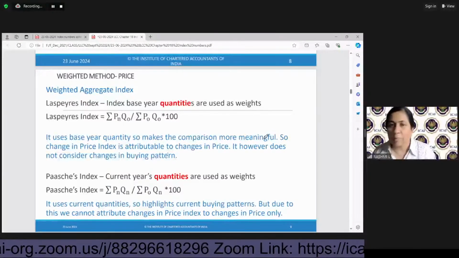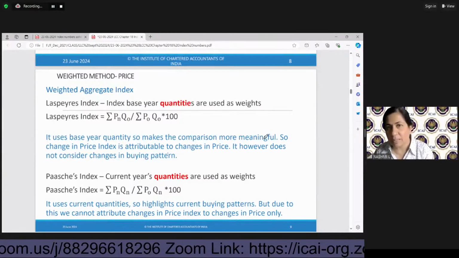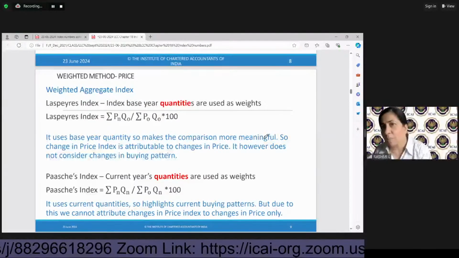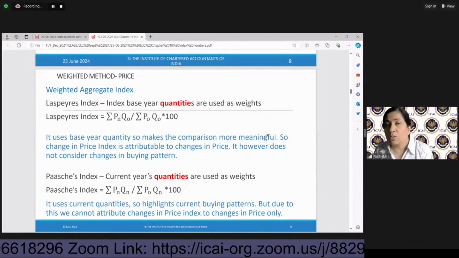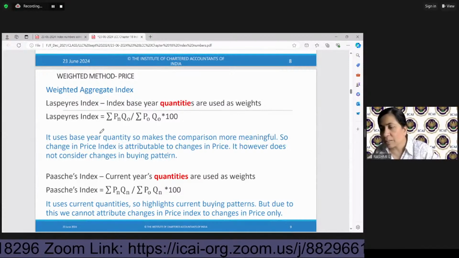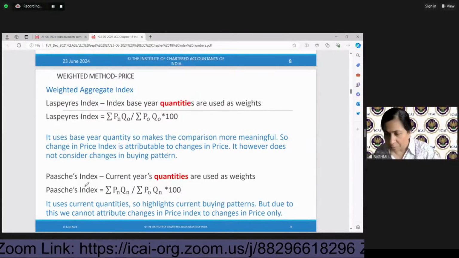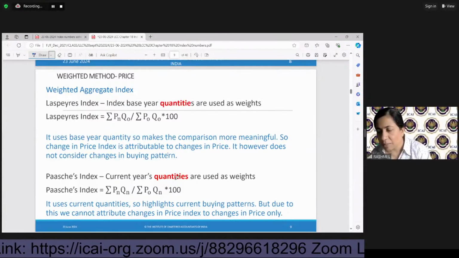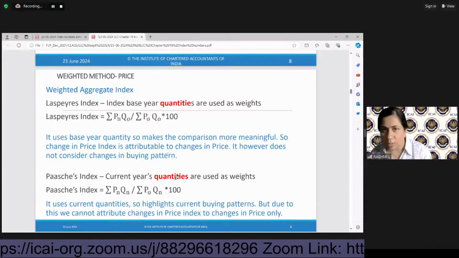Something that I was getting in the base year at say 20 rupees, we are now comparing the same quantity, how much it is going to cost now, maybe 2 years later. So we are taking the base year quantity to make the comparison. In Paasche, we are talking about the current year's quantity: how much would this quantity have cost me 2 years before?